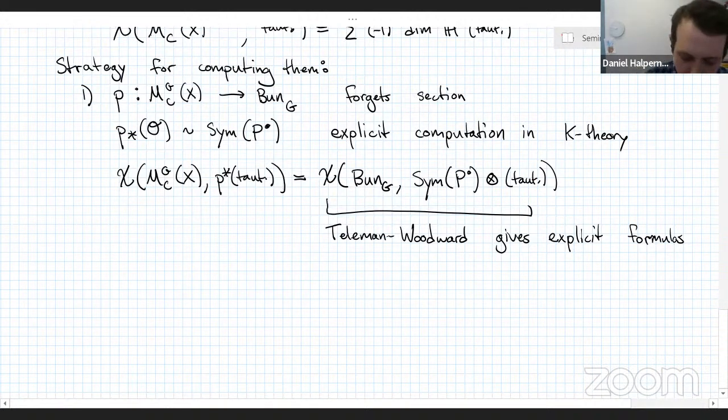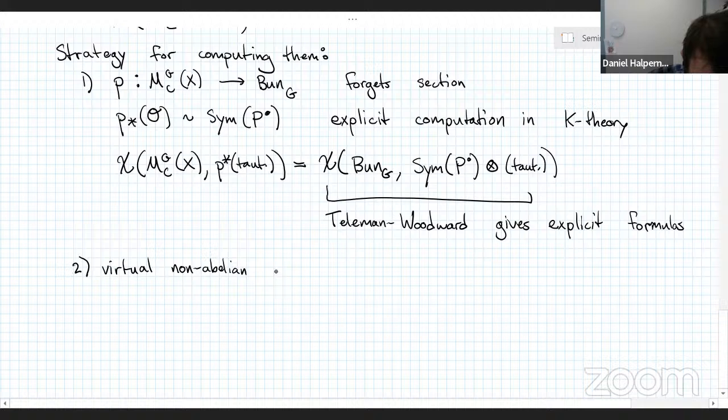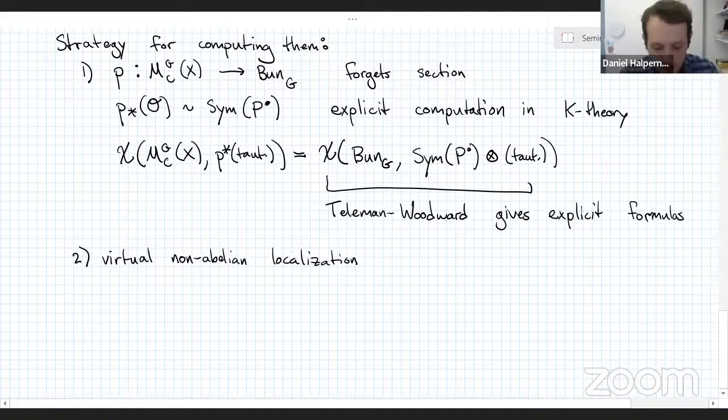But if you just go with the flow for a minute, the second step of this strategy is a virtual non-abelian localization. So this is a K-theoretic virtual non-abelian localization.